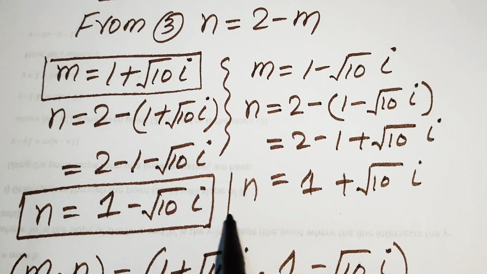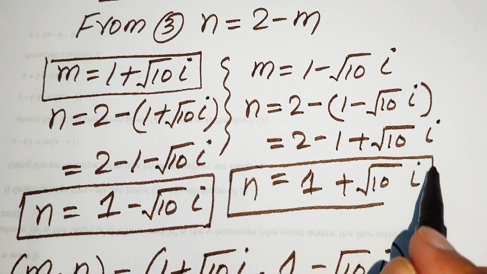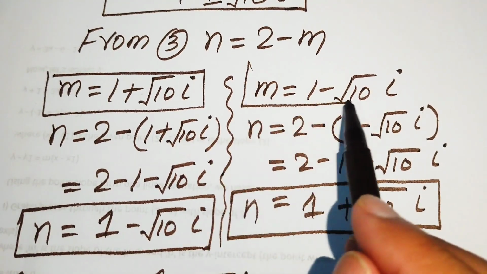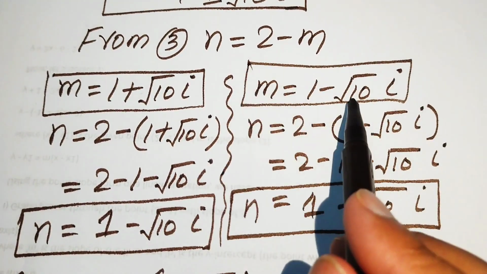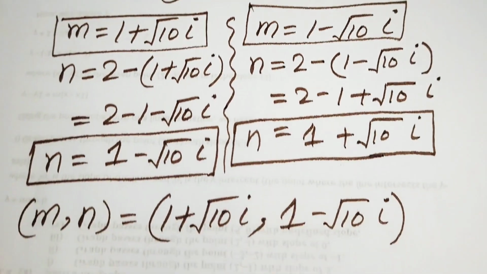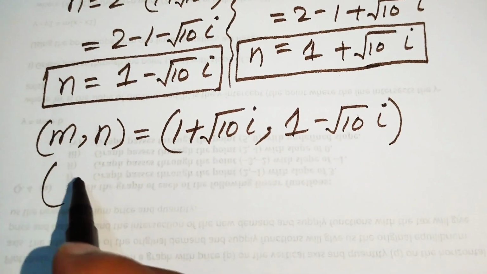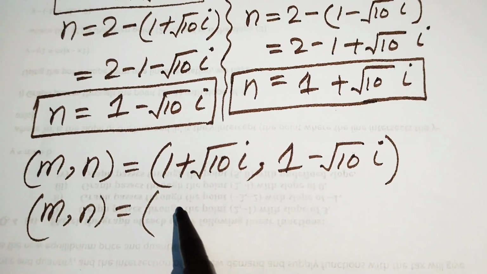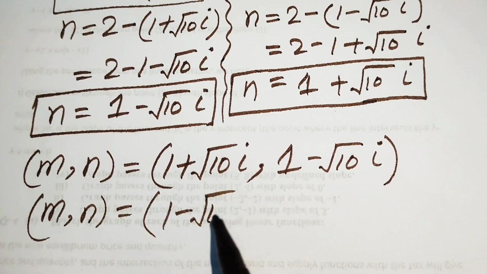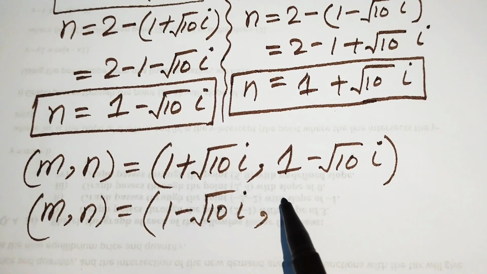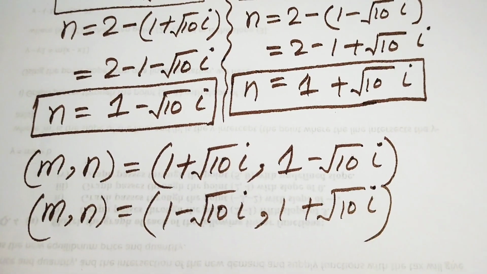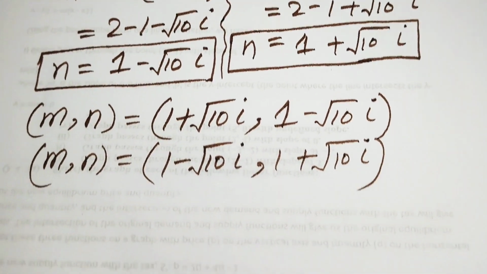So this is the value of n from the second case corresponding to this value of m equals 1 minus square root of 10 iota. So our second solution set is m, n equals 1 minus square root of 10 iota and 1 plus square root of 10 iota. So this is the second solution set of the given equation.